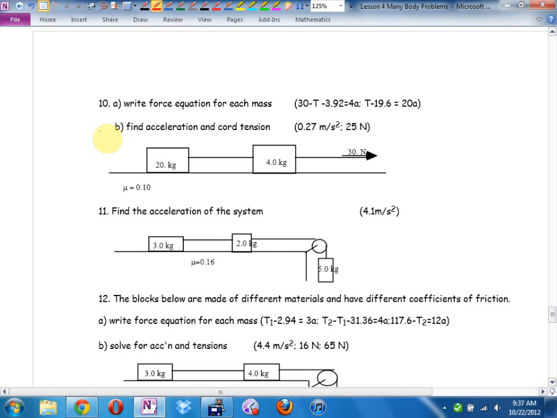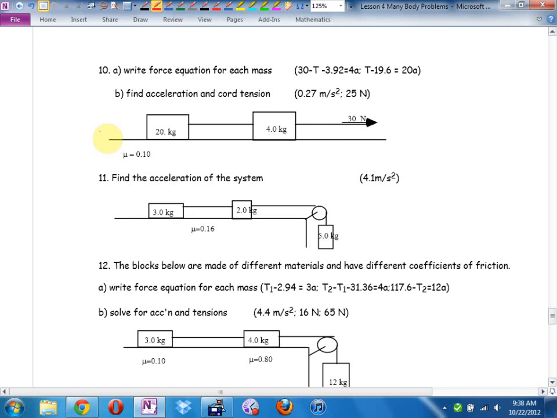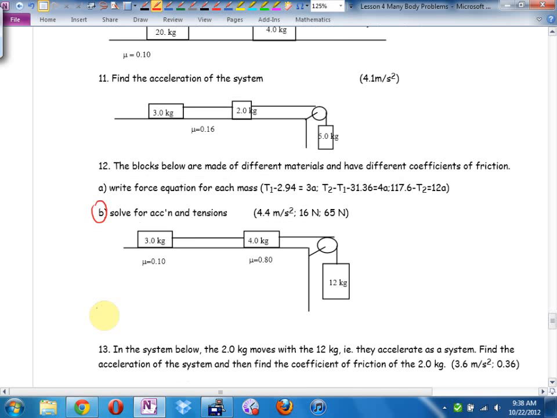Let's go 12B. You have different coefficients of friction because they're made of different materials.